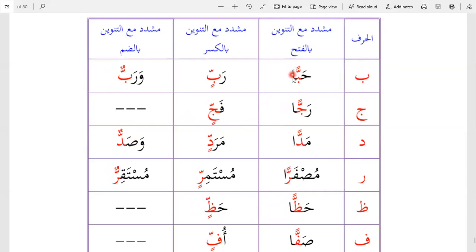But this alif is not pronounced because it doesn't extend the sound of noon, the noon that has sukoon on it, right? Habban. The noon doesn't have a fatha, so it's as if this doesn't exist. So habban.